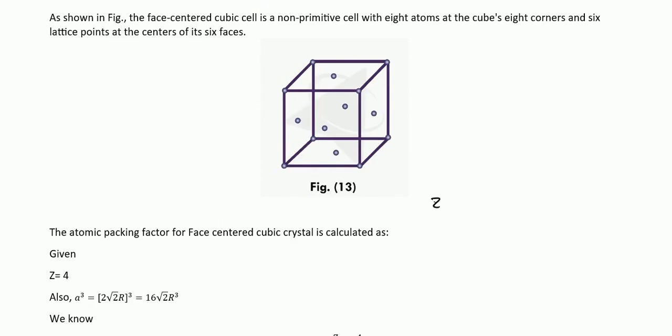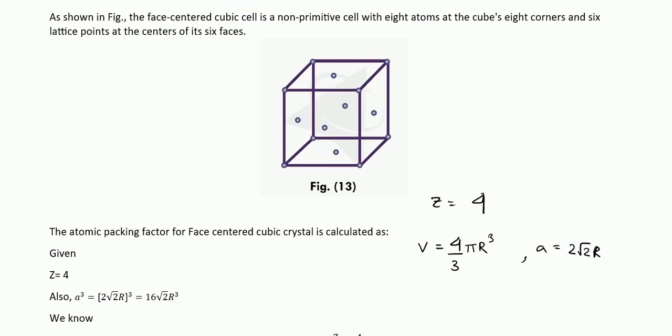Z equals 4. And what is the volume of the atom? It is still v equals 4 by 3 pi r cube. And what is a here? a for this case is 2 root 2 r.